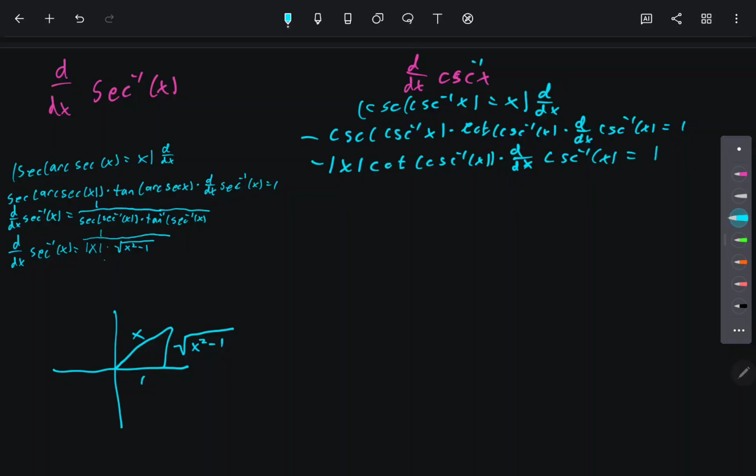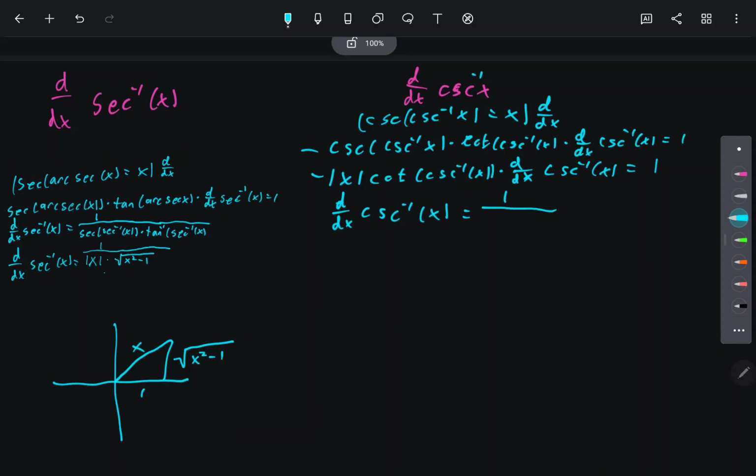Divide this over, so we get d over dx of cosecant inverse of x is equal to 1 over negative the absolute value of x times cotangent of cosecant inverse of x. Alright. Now what do we do?